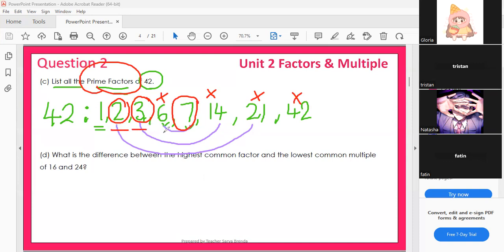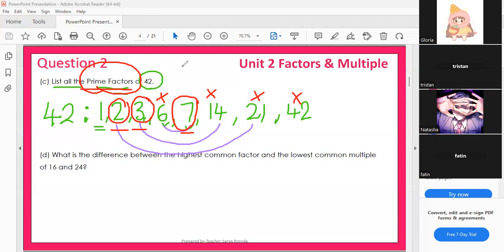So these are your prime factors. A little bit of knowledge of factors, a little bit of knowledge of prime numbers. Don't forget. Okay? Do you understand this? It's simple. This question is not very difficult. Can we move on?